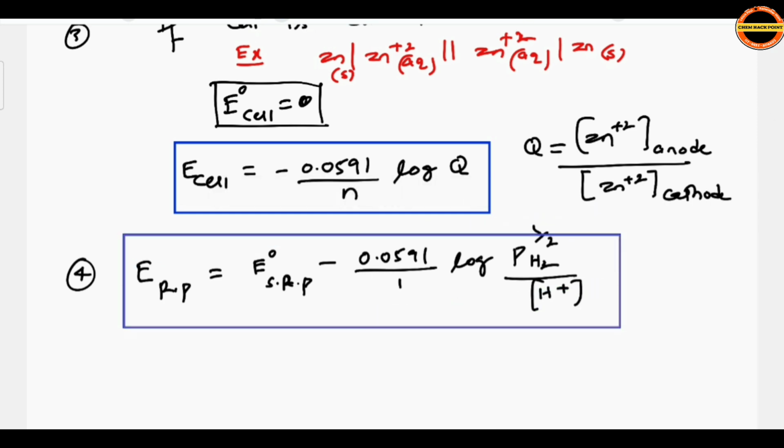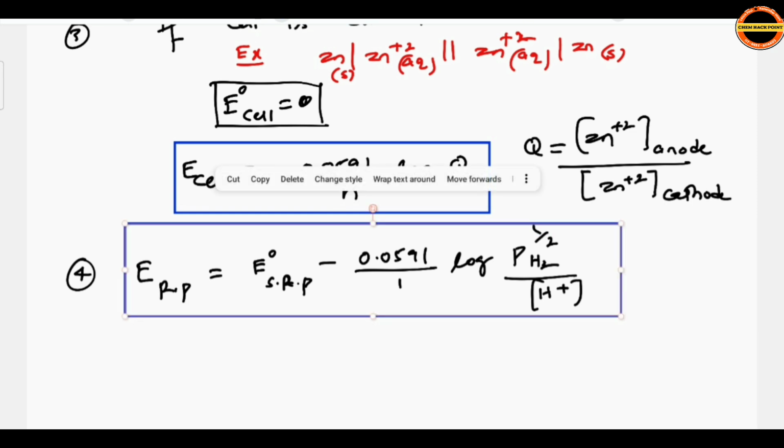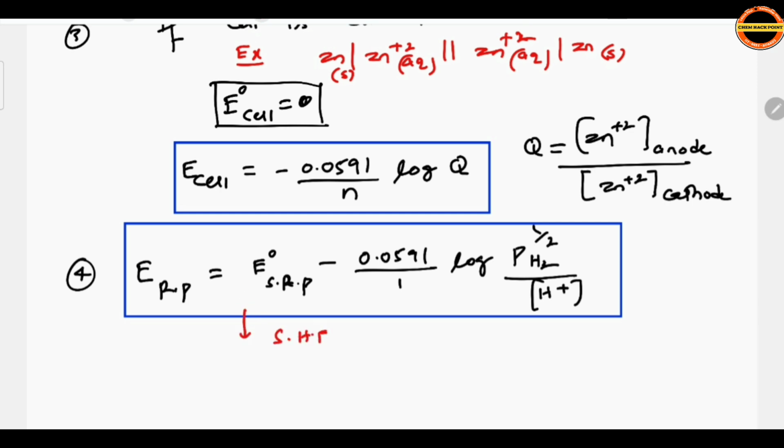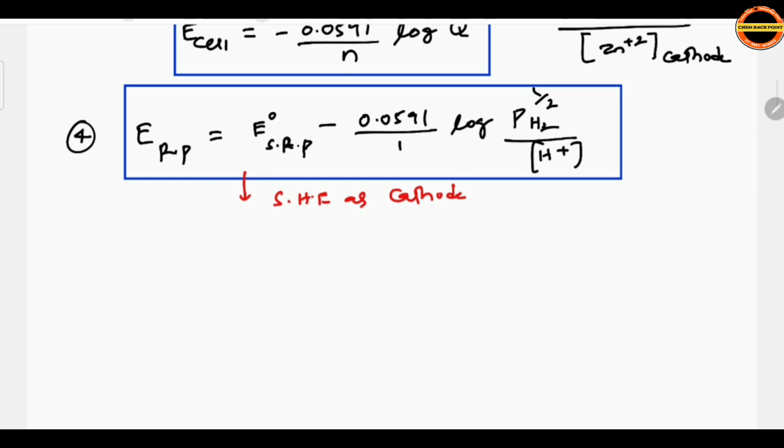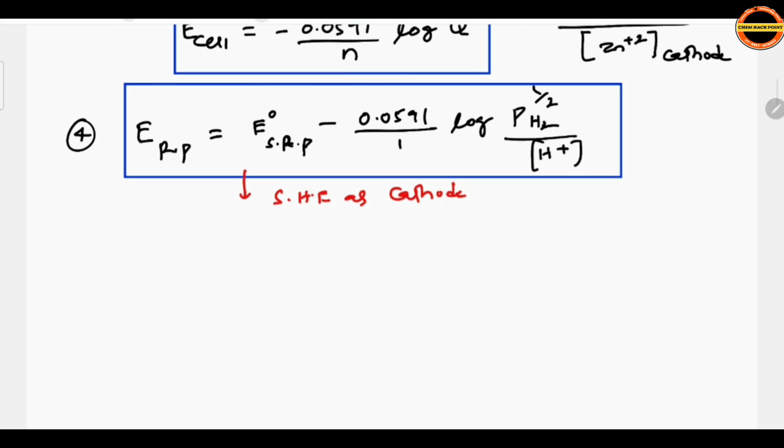So under such cases, we use this formula. ERP, reduction potential. So now here you mention clearly: SHE, standard hydrogen electrode as cathode. If it is acting like this, then we get this equation: partial pressure of H2 to the half by H plus ion concentration.